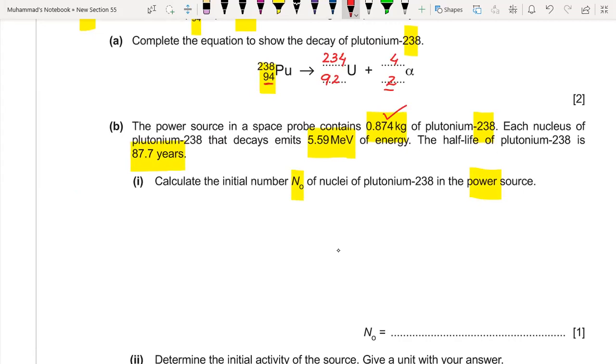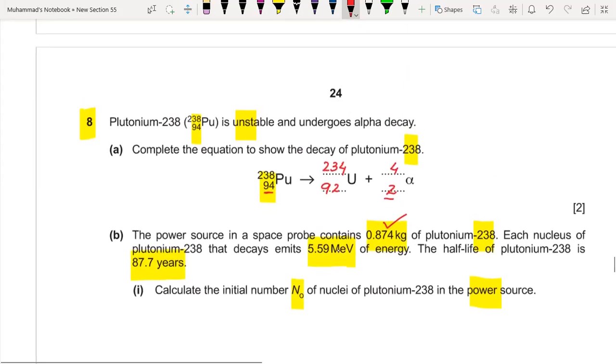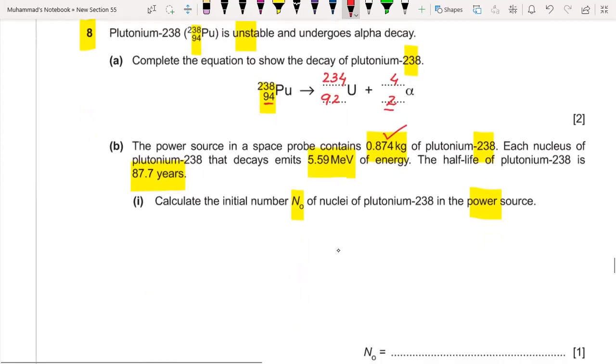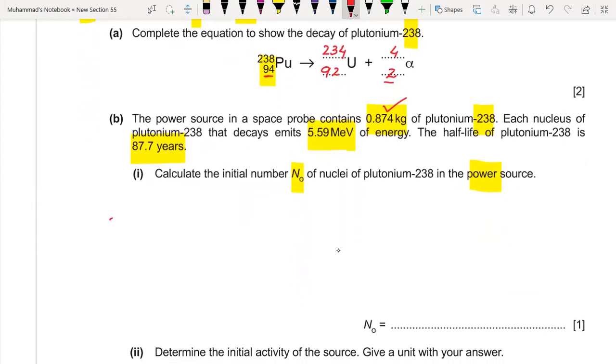As the nucleus decays, its mass as well as the number of nucleons decreases. So at the start, the mass is 0.874, and the mass of one nucleus of plutonium is 238 nucleons times the mass of one nucleon, that is 1.66 times 10 to the power minus 27 kg.